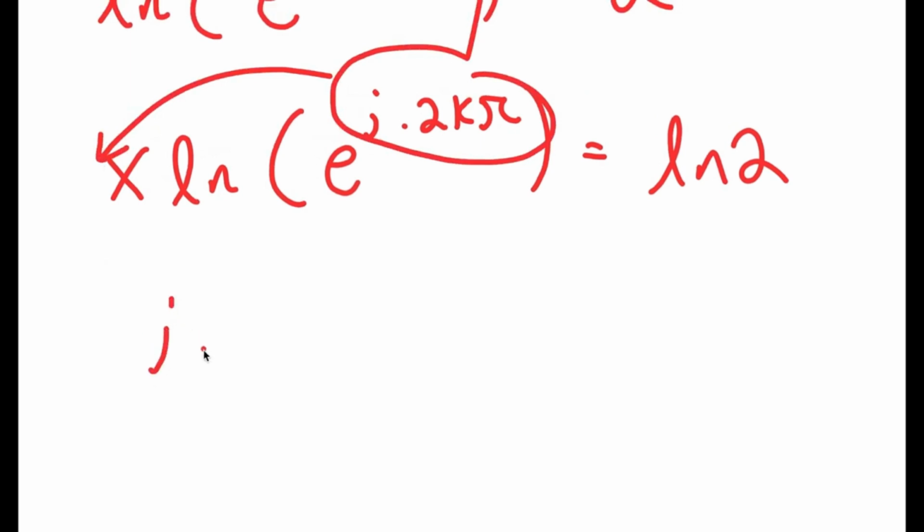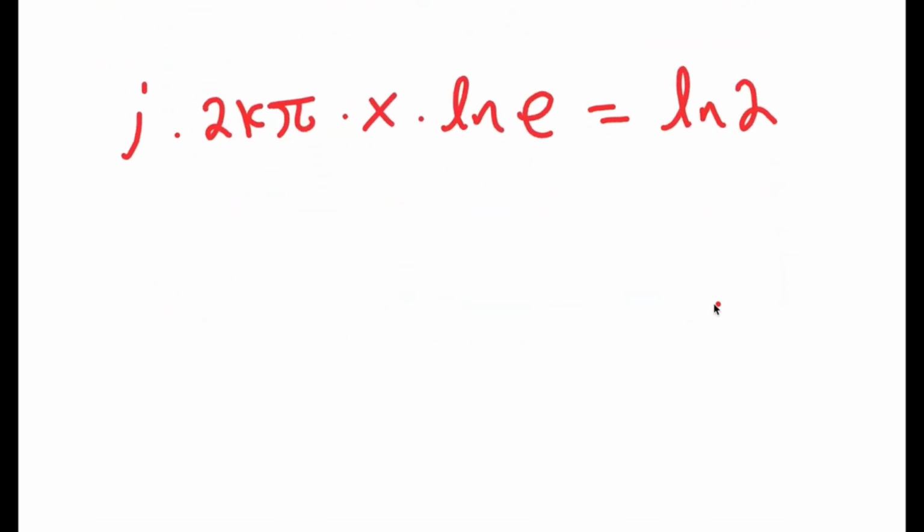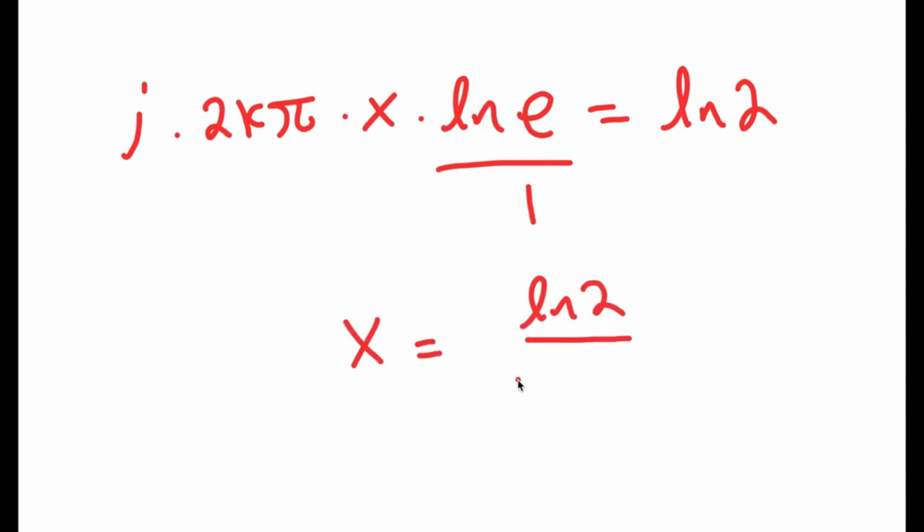So I have i times 2k pi times x times ln e is equal to ln 2. ln e is simply equal to 1.